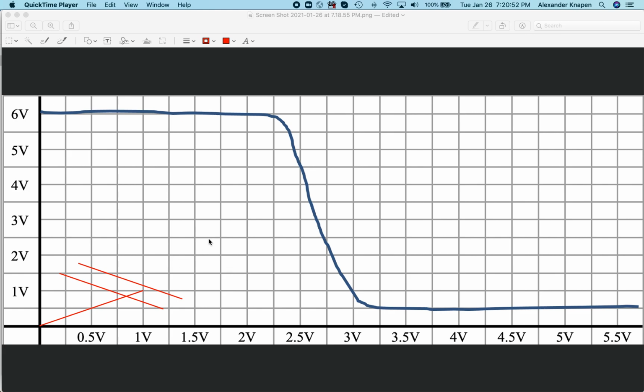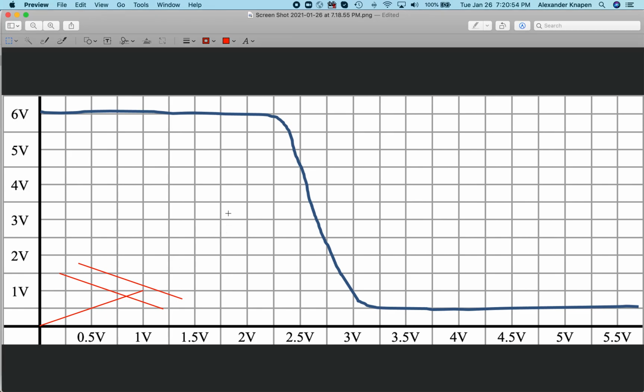The first values that we have to find are the absolute minimum and absolute maximum output voltages from the first circuit. What we can do is look at this voltage transfer curve. Since both circuits are the same, they're cascaded inverters, we can use this transfer curve to describe the behavior of both circuits. For circuit 1, the absolute maximum output voltage is defined as 6 volts, as we can see from the y-axis here.